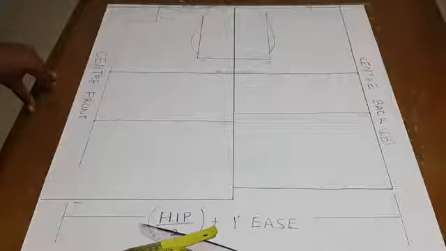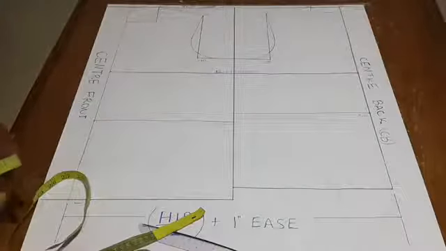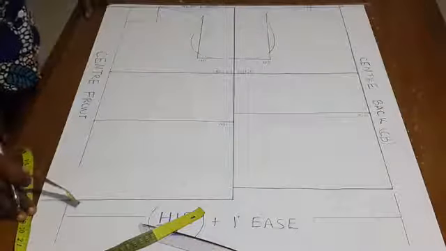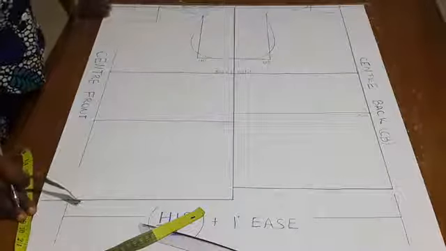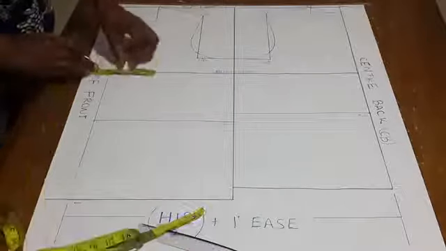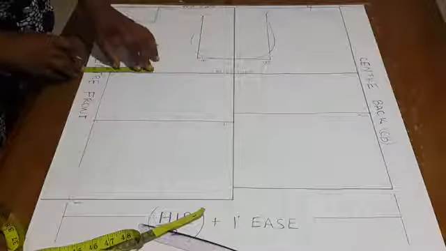Okay, now we have set our construction lines in place. The next thing that we are going to input is the bust span. The bust span that we will be working with for this draft is 6.5 inches.